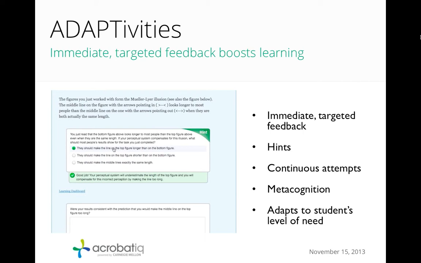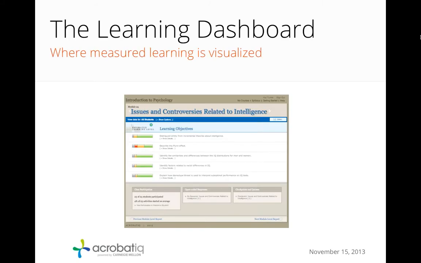And in this way, all of these converge to enable an adaptation. The exercises can adapt to the student's level of need, because they can decide how much help they need. They can continue in the exercise or they can move on when they feel that they have grasped the concept finally.